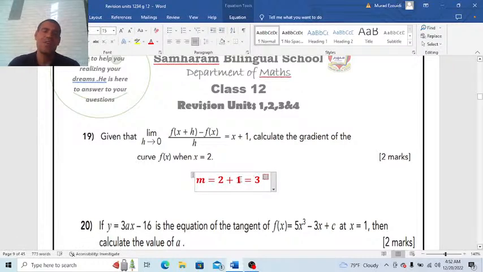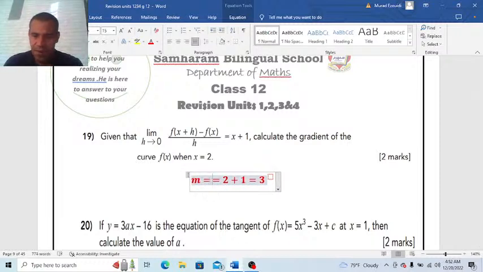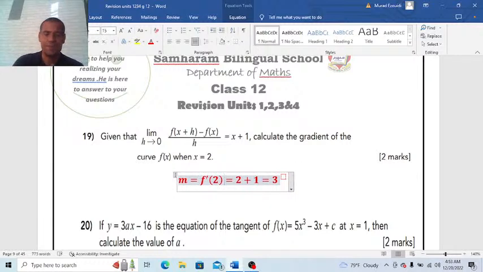So the gradient is 2 plus 1, which is 3, simply because the gradient m is equal to f dash of 2, which is equal to 2 plus 1.